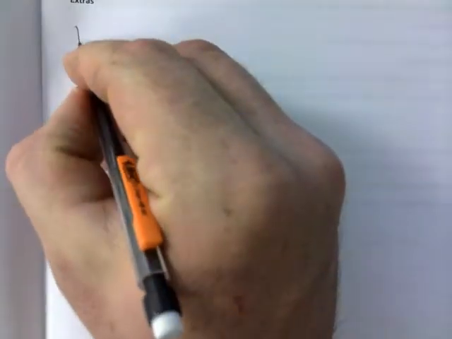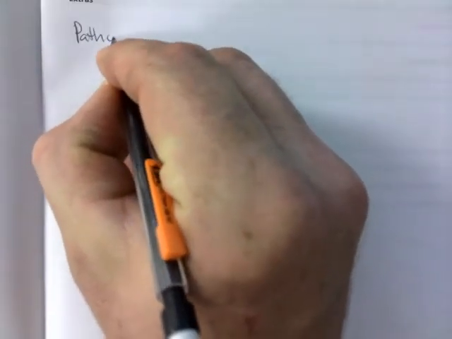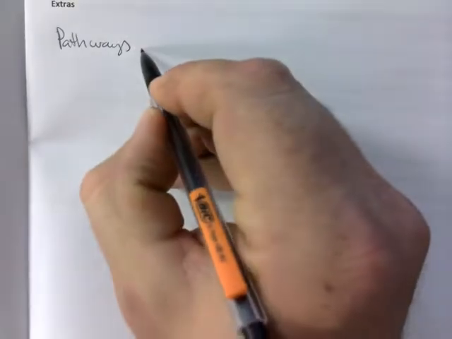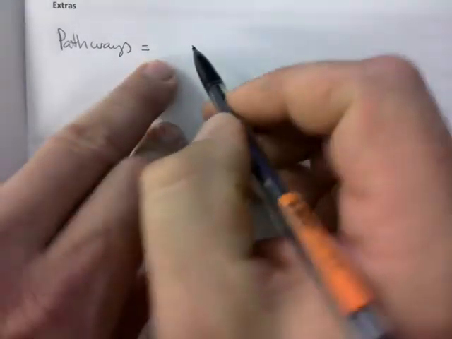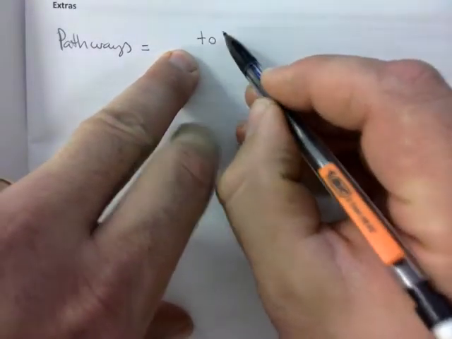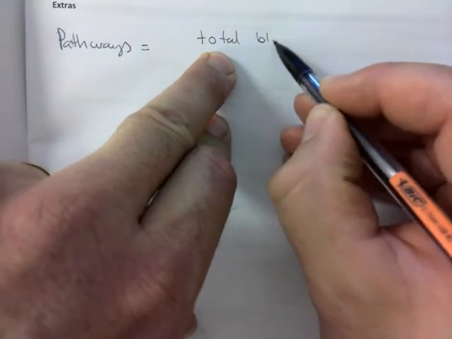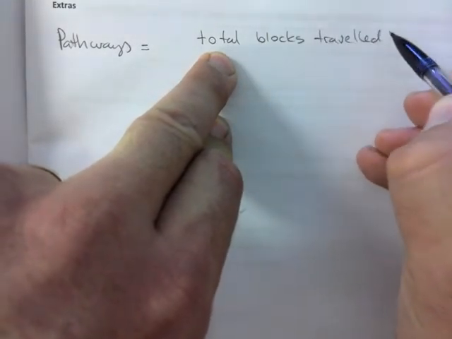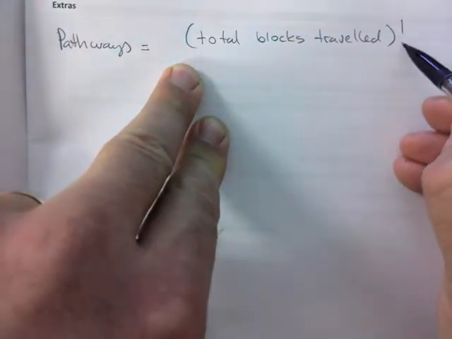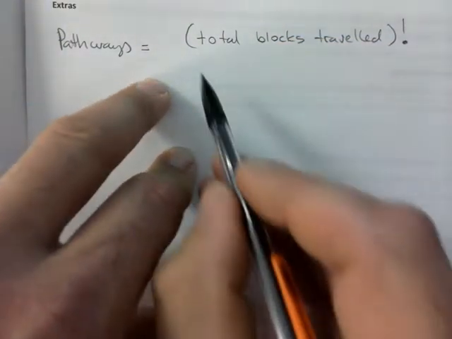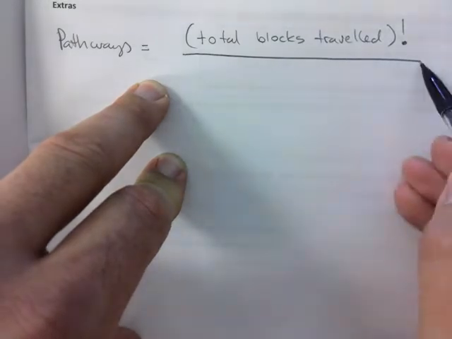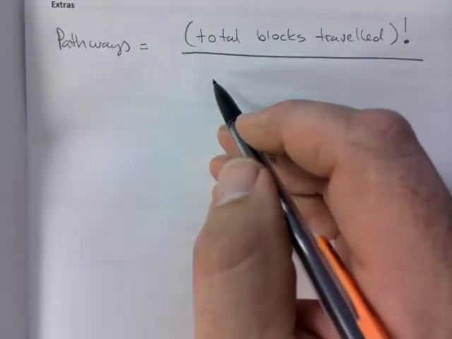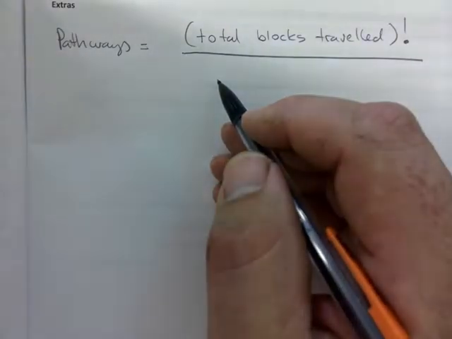So let's do this. Pathways on page 38, okay? Total blocks traveled factorial divided by, how did I word it there?